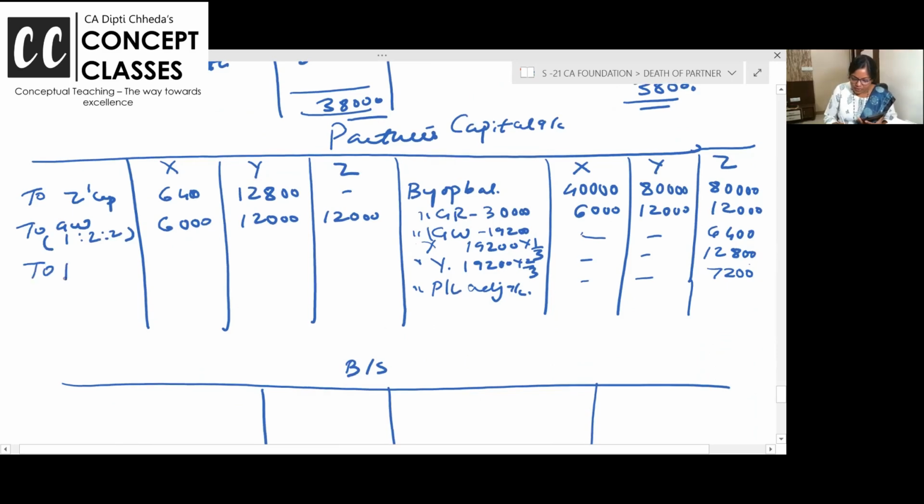Now, to reval account. 18,000 into 1 by 5. 3,600, 7,200, 7,200. Check please all of you. Nice, clear.